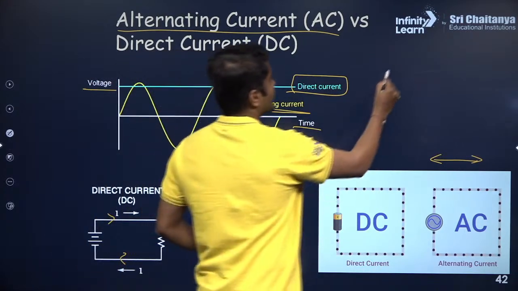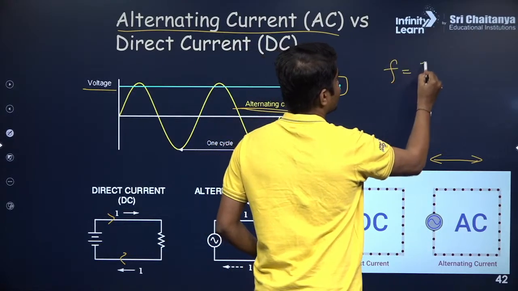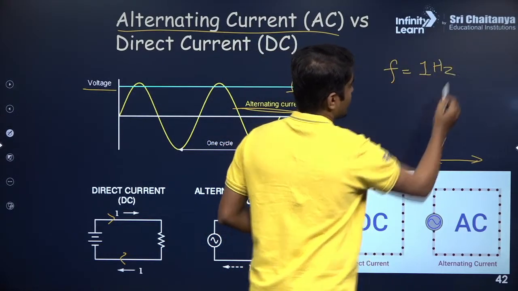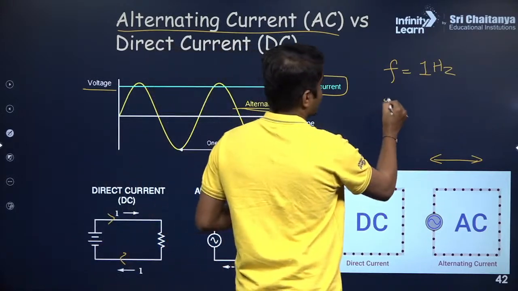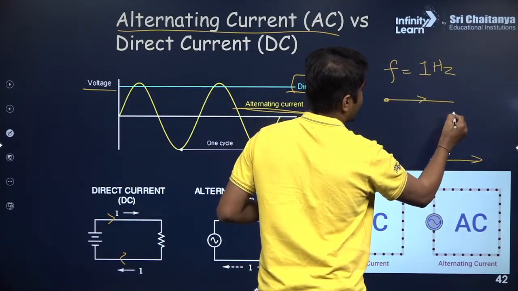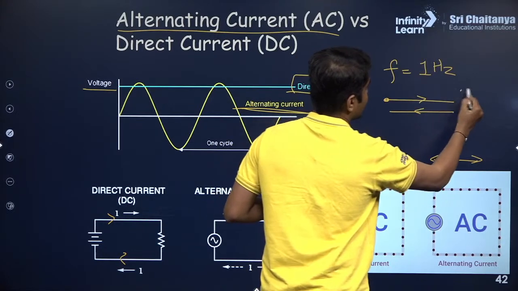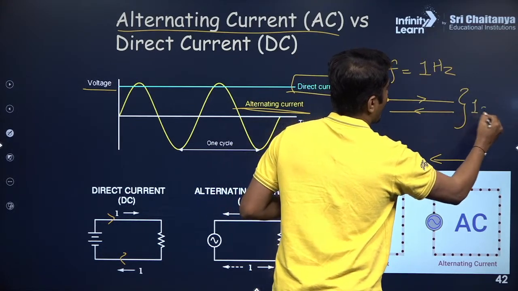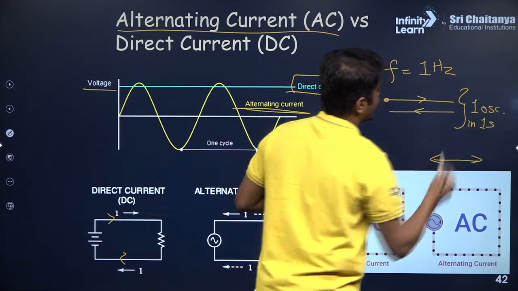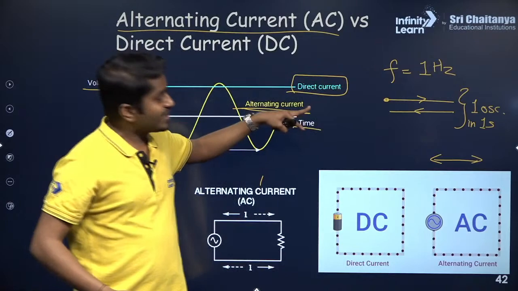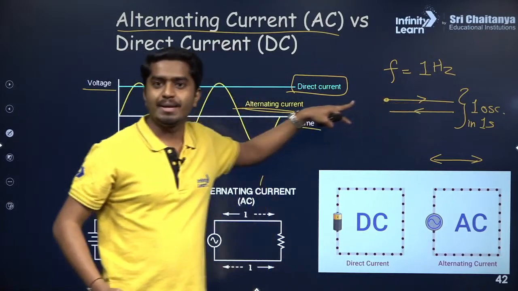If let's say the frequency of the AC is 1 Hertz, that means it is going in one direction and coming back. This is one oscillation in 1 second. So in 1 second it changes the direction 2 times.